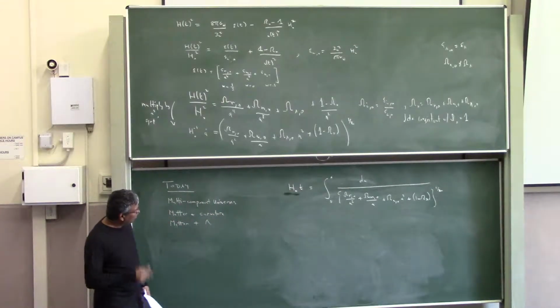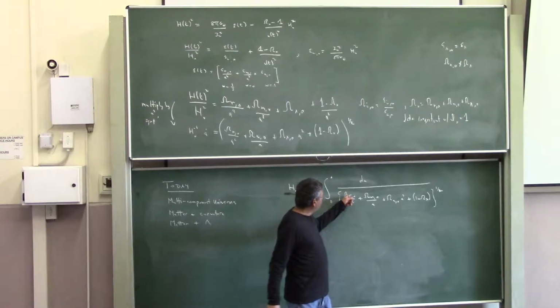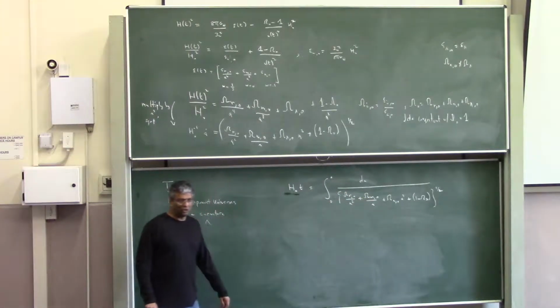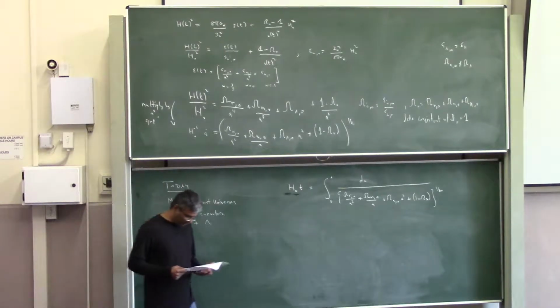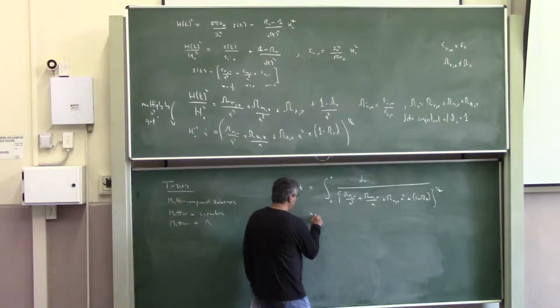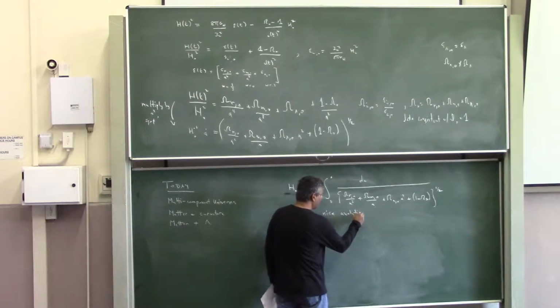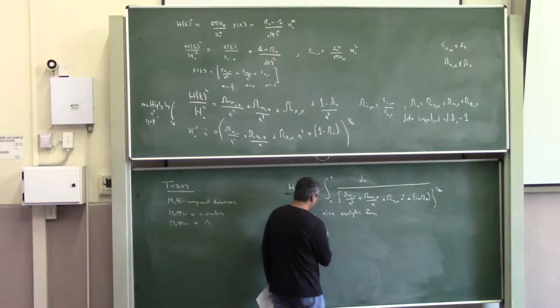The problem is that when all of these terms in the numerator are non-zero, the integral doesn't have a nice analytic expression. Okay? So there's no nice analytic form, but we can solve numerically.